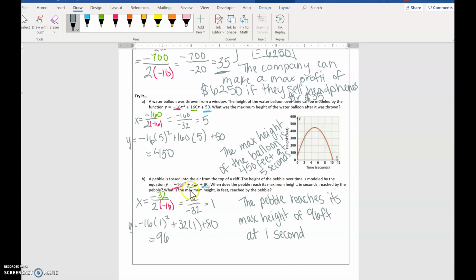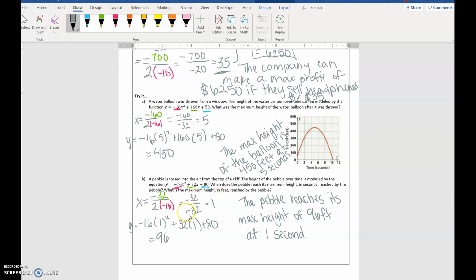And then for the next problem, it's a very similar process. So now we're talking about a pebble and we want to know what the maximum height is and when it reaches the maximum height. So again, we are doing the negative b over 2a, and b is 32, a is negative 16, which gives us negative 32 over negative 32, which is 1.